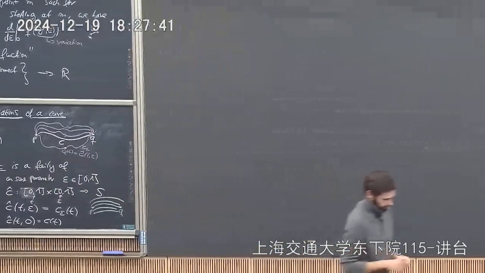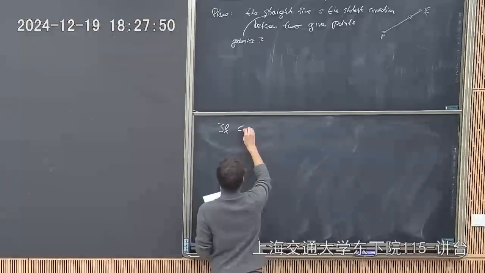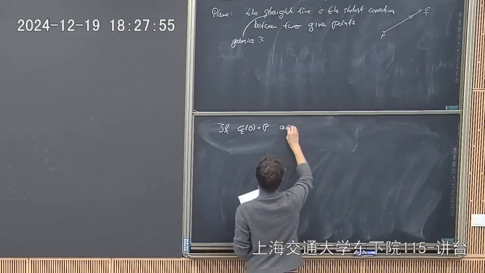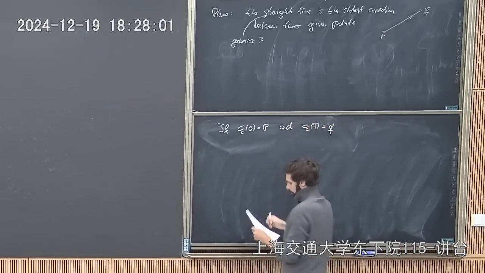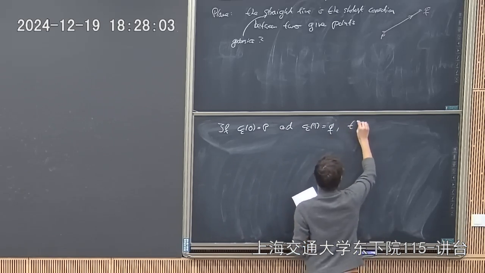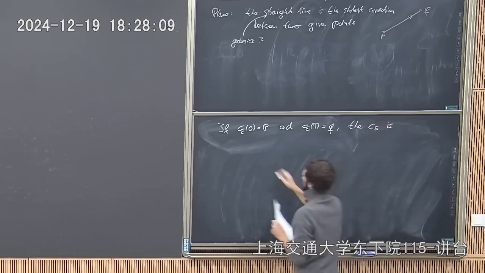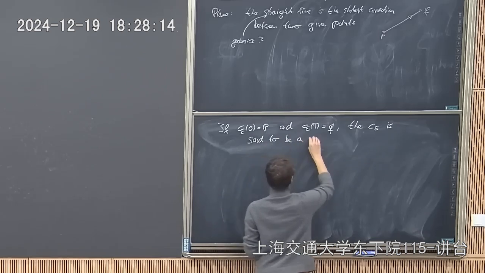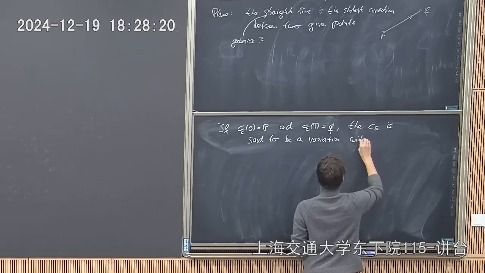So that's an extra definition saying that if C of epsilon at 0 equals the original point and C of epsilon at 1 is also the original point, then C epsilon is said to be a variation with fixed endpoints.